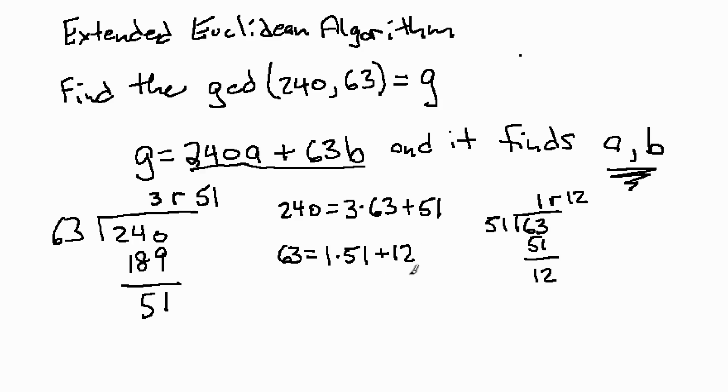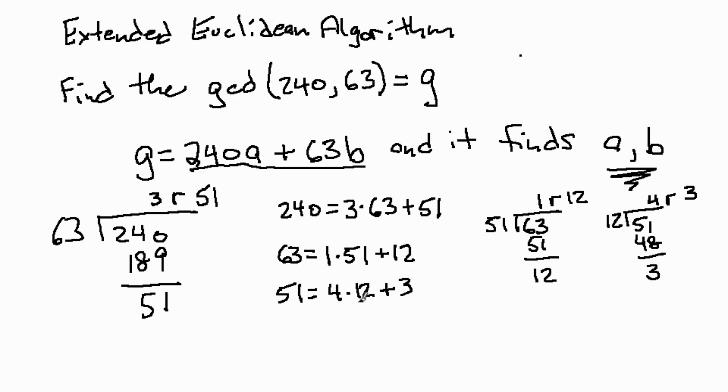And now I want to repeat this process again, but this time with 51 and 12. And I go, well, 12 goes into 51 4 times, and I've got a remainder of 3. So I'm going to say that 51 is equal to 4 times 12 plus 3.